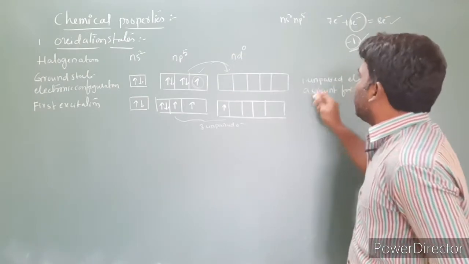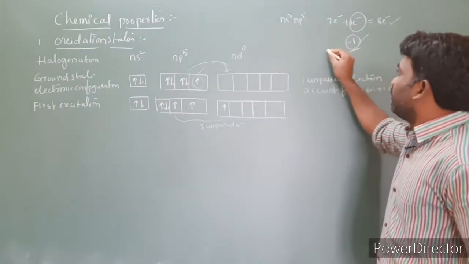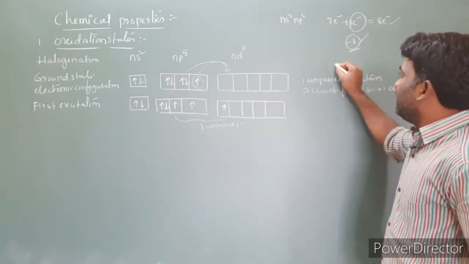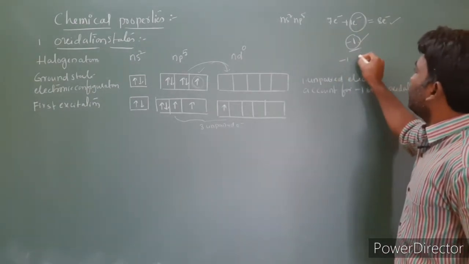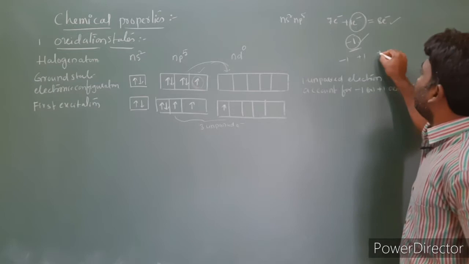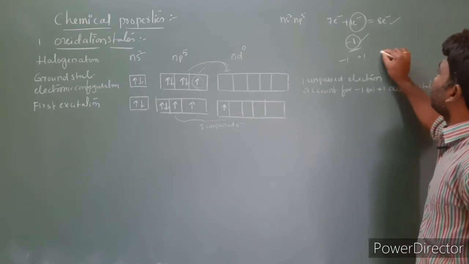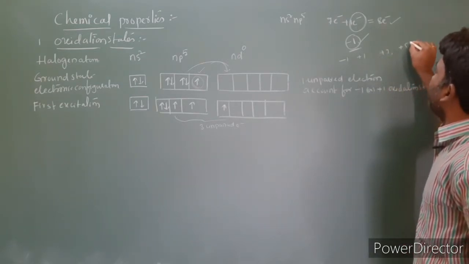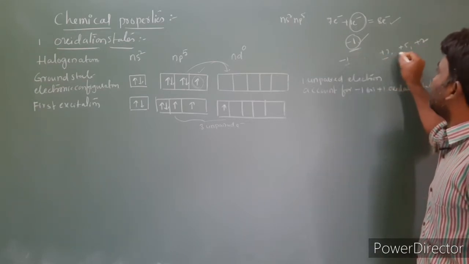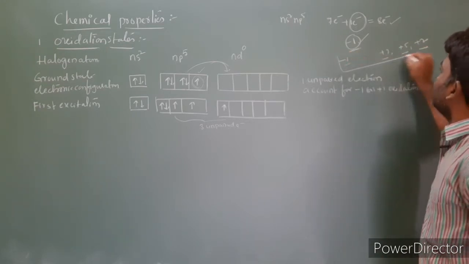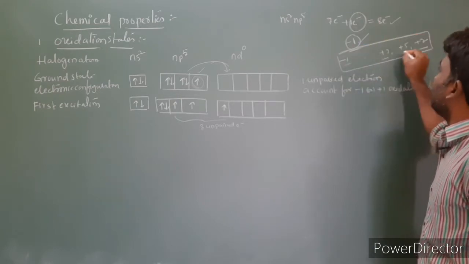All these elements exhibit this except fluorine. Fluorine exhibits -1 only. The remaining elements exhibit +1, -1, +3, +5 and +7, mainly -1, +3, +5 and +7.